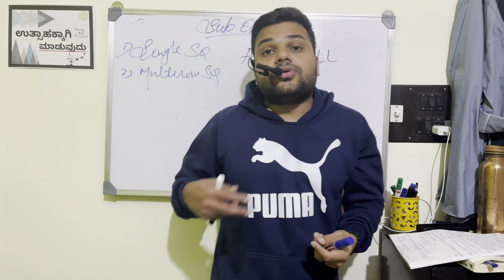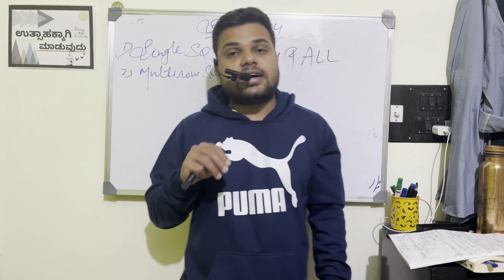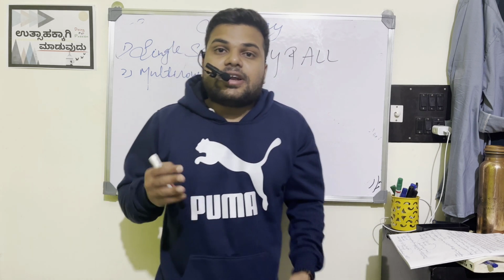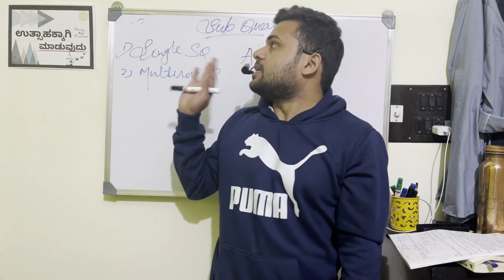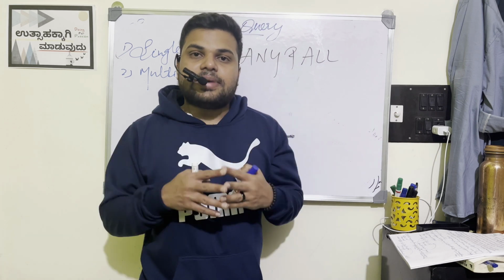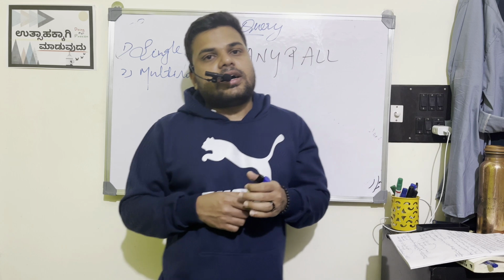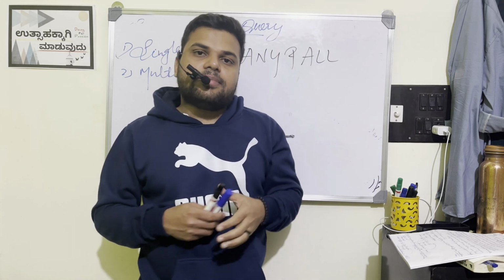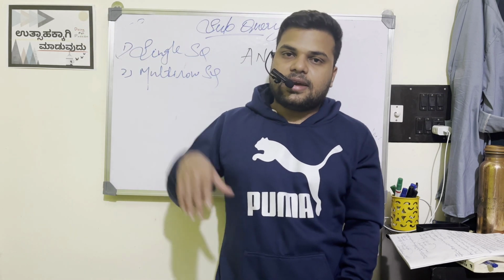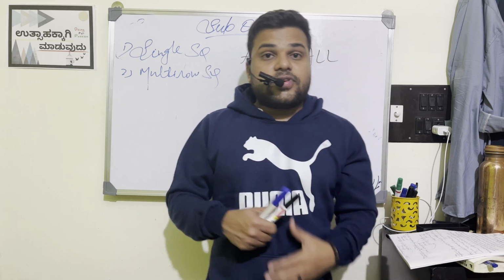Now the question is when to go for subquery. There are three cases. First, whenever we want to determine unknown values, then we will go for subquery. Second case is joining multiple tables by utilizing a common column between the tables. It means if I want to select data from one table and apply a condition from another table, then I will go for subquery.